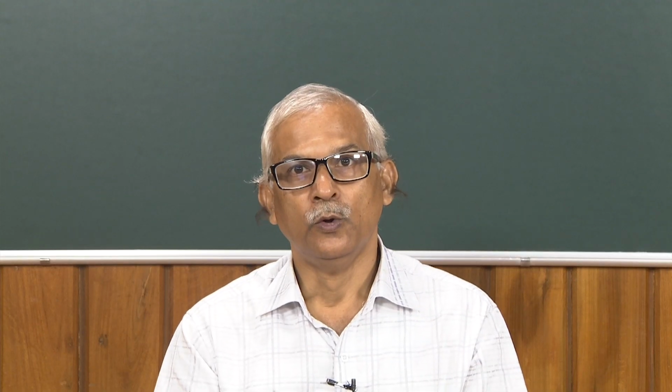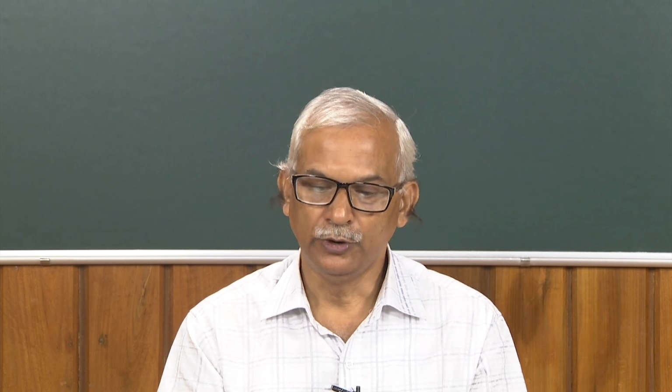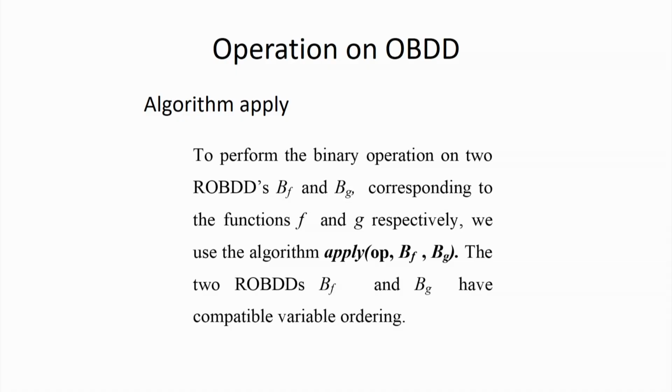Now, we have several operations actually. How are we going to do this with the help of BDDs? Say I have a function f, say ab plus c, and another function g, say b plus ac. Then I can perform the operation f plus g, or I can perform f dot g.